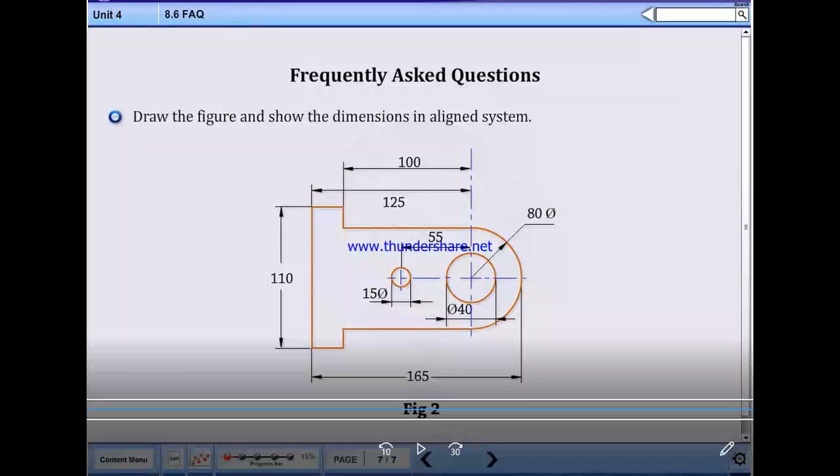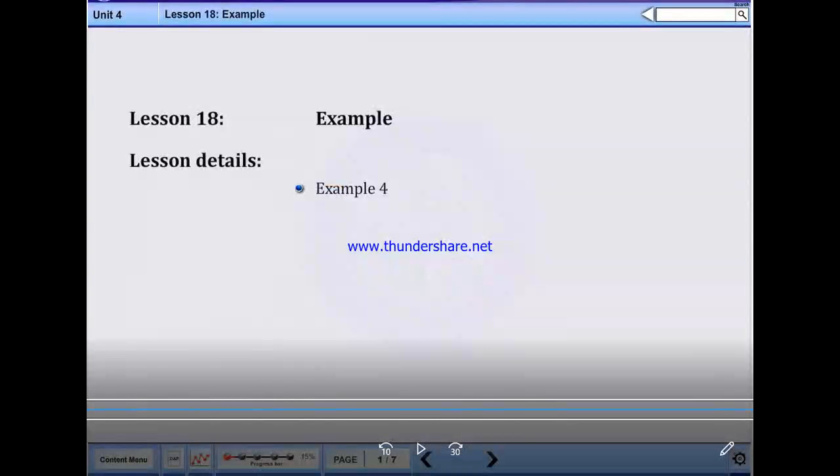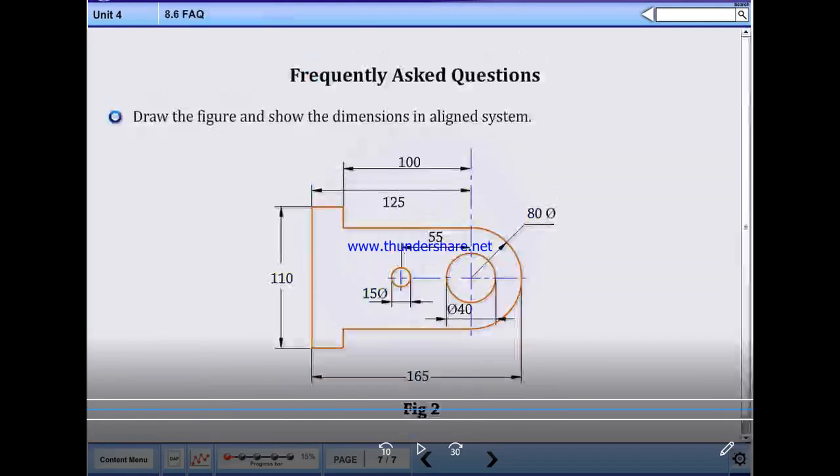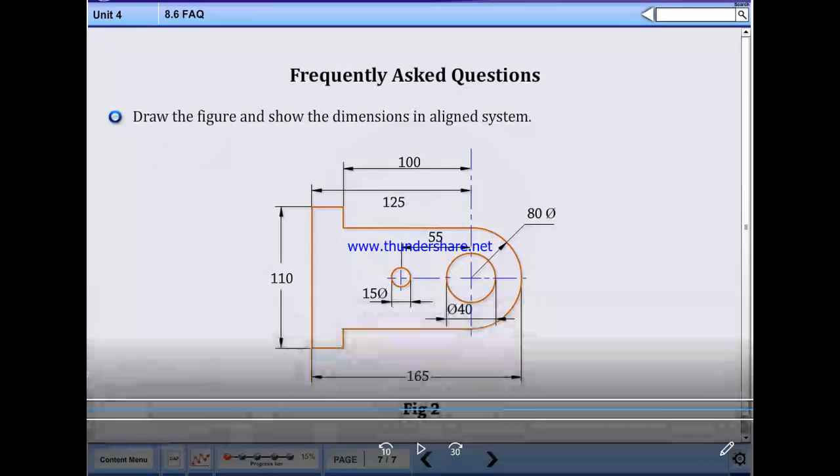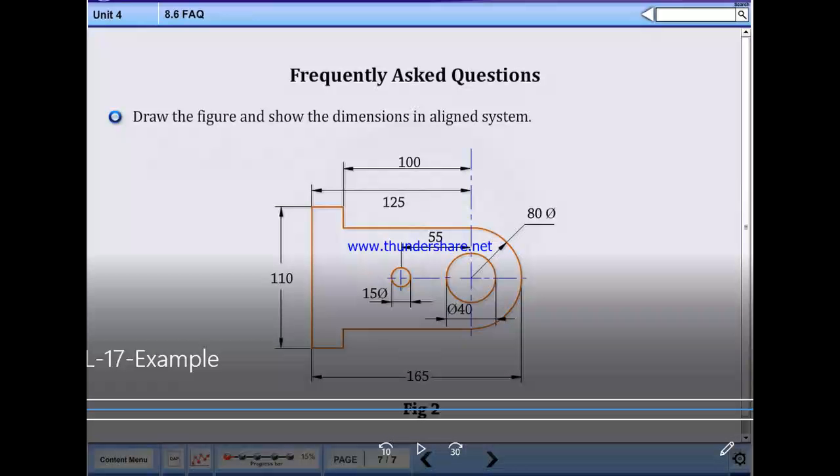In an aligned system, now with this we will close here and we will continue in the next lesson with some more examples.